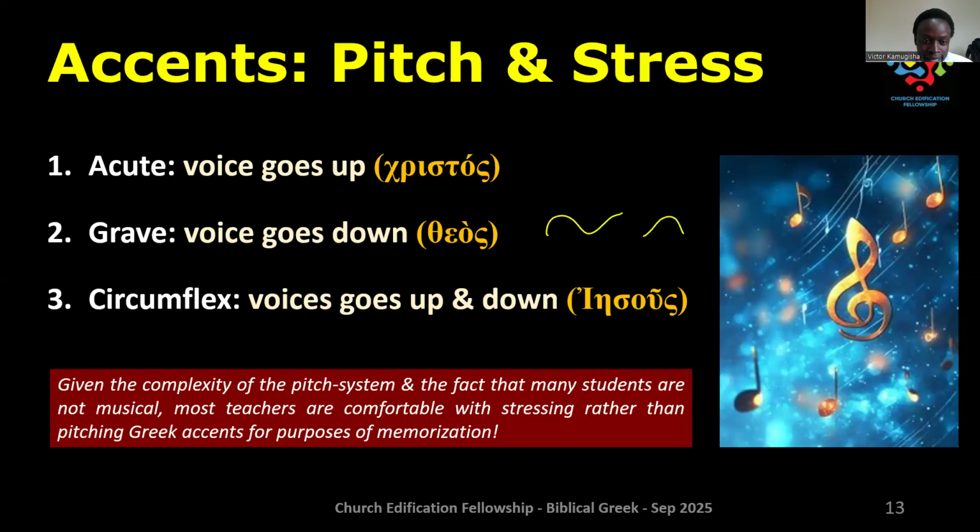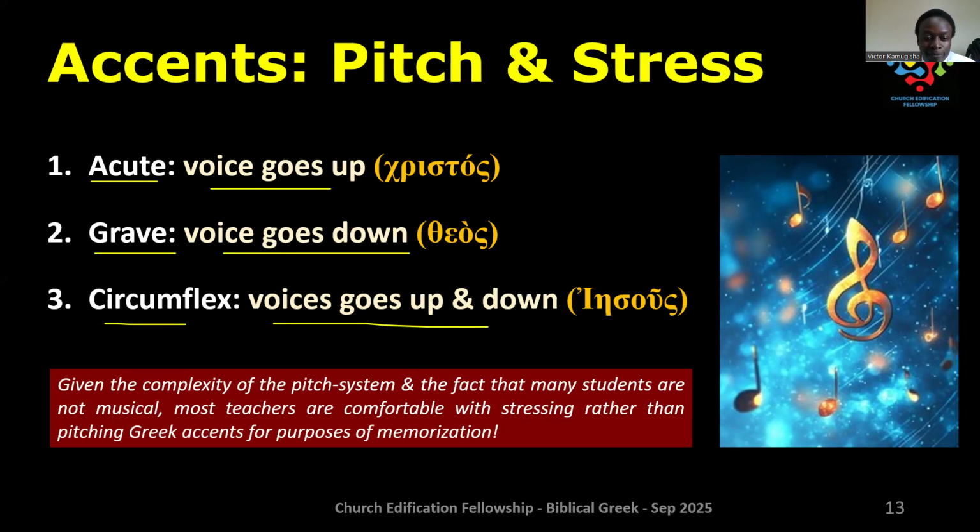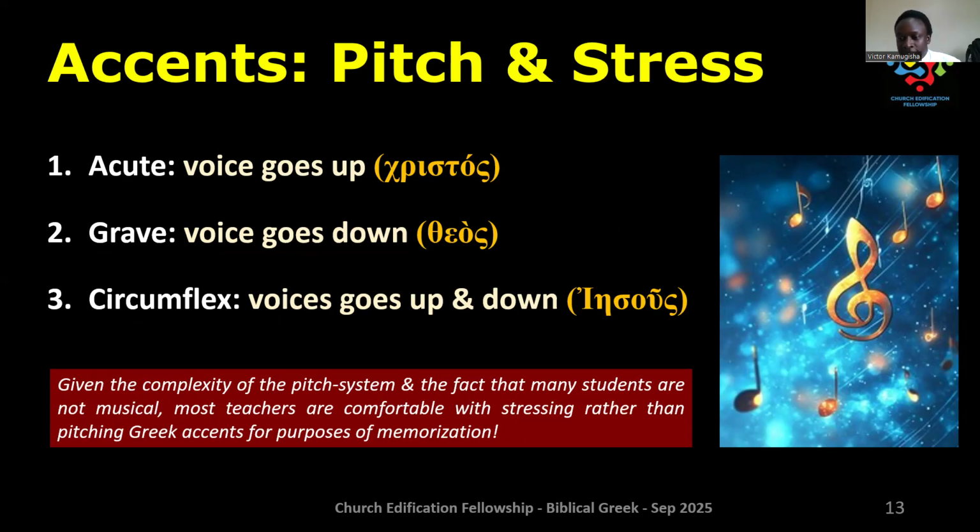And what do they mean? Really, for the acute, the voice goes up. For the grave, the voice goes down. For the circumflex, the voice goes up and down. Now, this should not really give you a lot of headache because that's the pitch. Given the complexity of the pitch system and the fact that many of us who studied biblical Greek are not even musical, most of us are comfortable with just saying that where you find an accent, just stress when you're pronouncing.